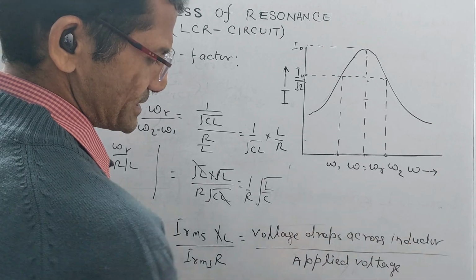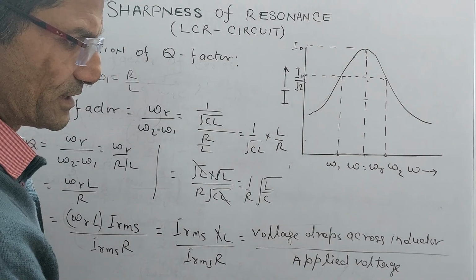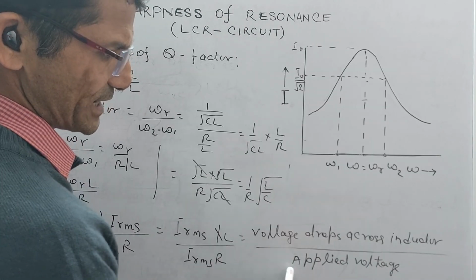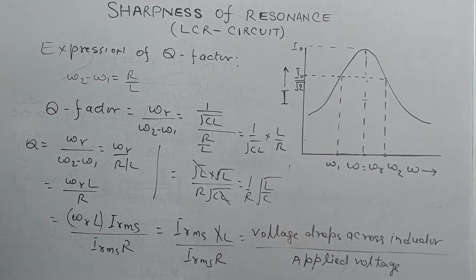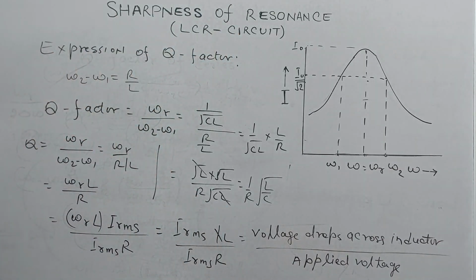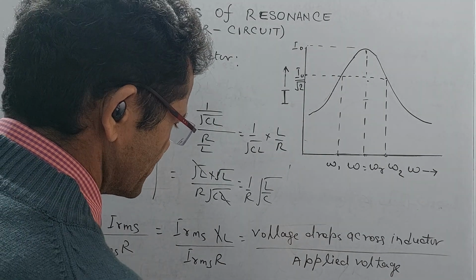We know that at the resonant frequency, the voltage across the inductor is more than that of the applied voltage. So we can say that this is the voltage magnification. This circuit has magnified the voltage, so we call this voltage magnification.